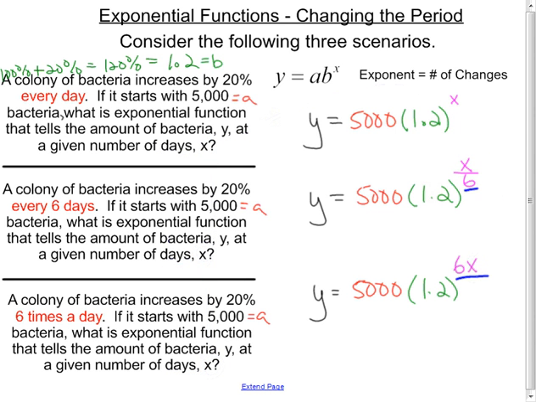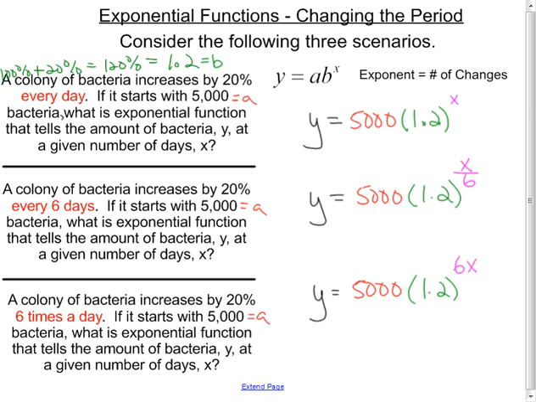The entire exponent reflects the number of changes that occur after those days have happened. So I hope that this is a lesson in how to adjust the exponent. There's times where you have to adjust the exponent using addition or subtraction. They're pretty intuitive, so I wanted to focus on these changes in period to the exponent in a way that involved multiplication and division, because they take a little more thought.